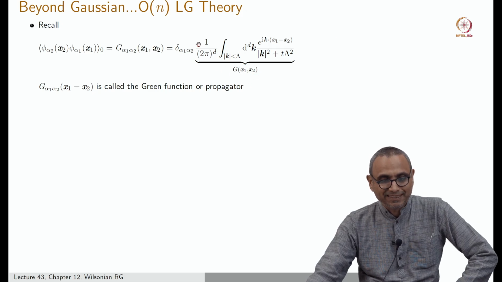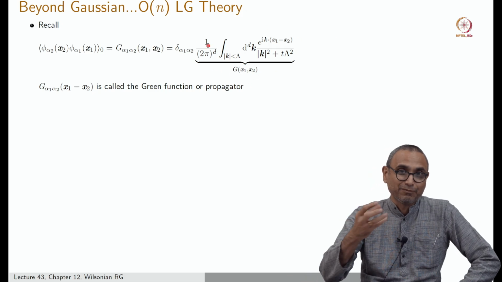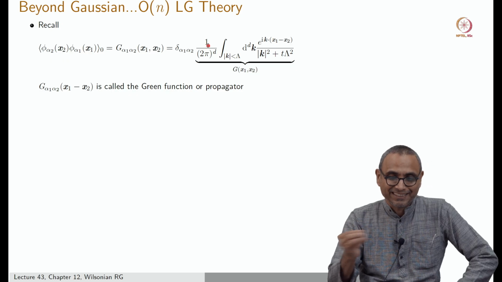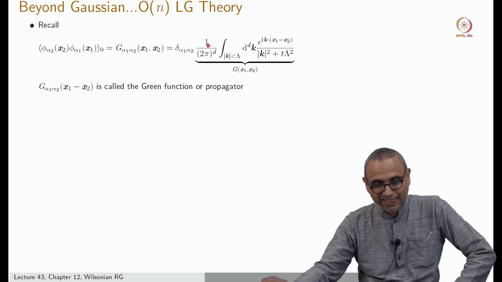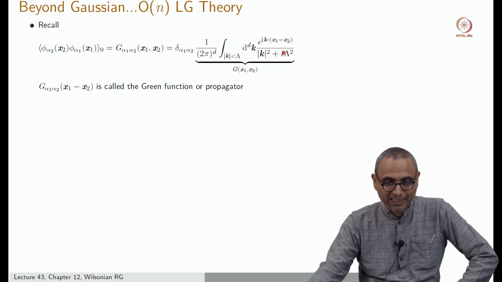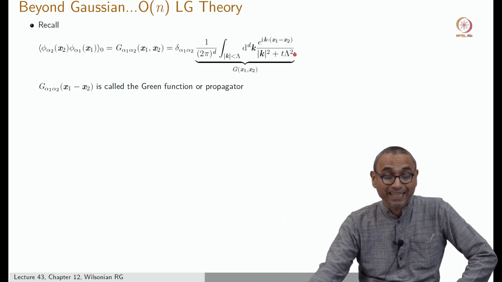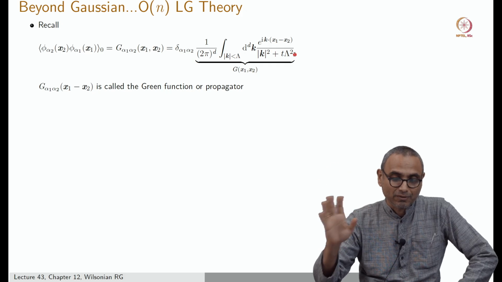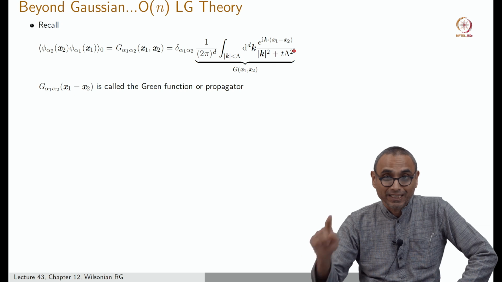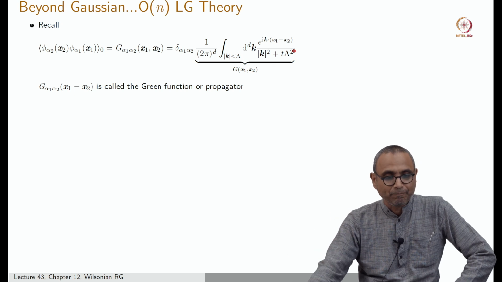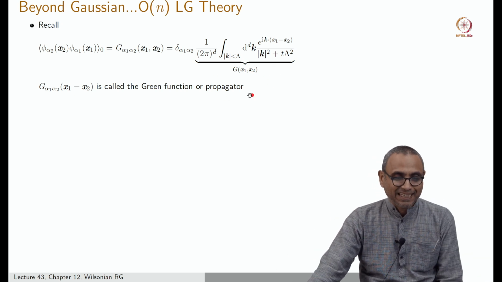This has no labels, this quantity. So this is that term which looks like a power law at distances smaller than the correlation length and looks like exponentially dying when distances are greater than the correlation length, which is given by this T lambda square. T lambda square is 1 by C square is what I am trying to say. Okay, so that is the propagator.